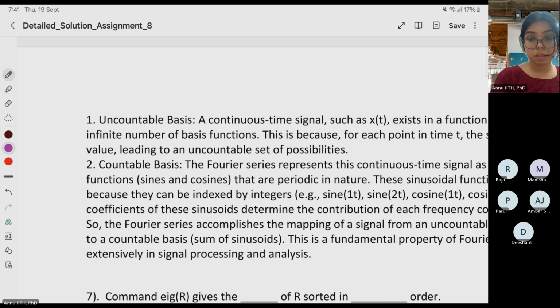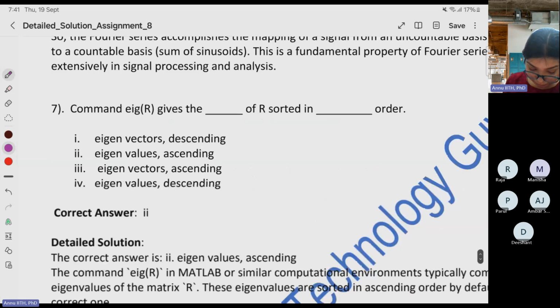So basically, the Fourier series maps from an uncountable basis to a countable one, because the Fourier series is only defined for periodic signals, and all the periodic signals are uncountable, having uncountable values. So we map it to a countable one, the Fourier series.